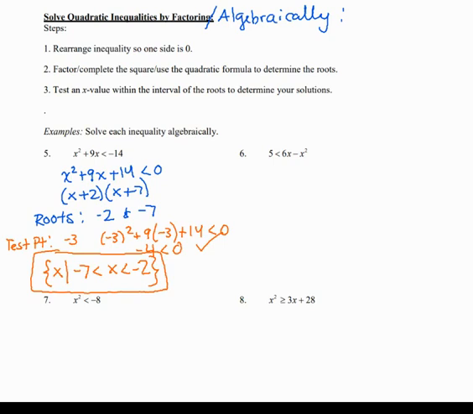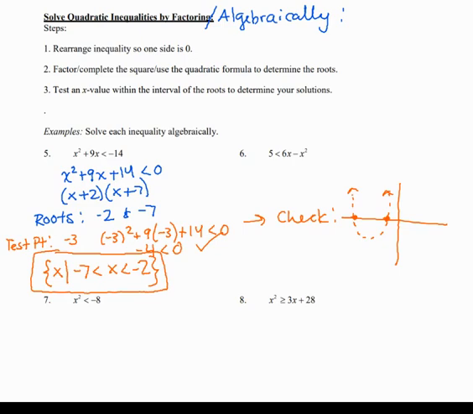Another way we can check that is if we think about those roots. Here's my -2 and -7, and I think about this quadratic, it's a positive, so it's opening up. Who knows where the vertex is exactly? But I have my two roots, and it's opening up since it's positive.